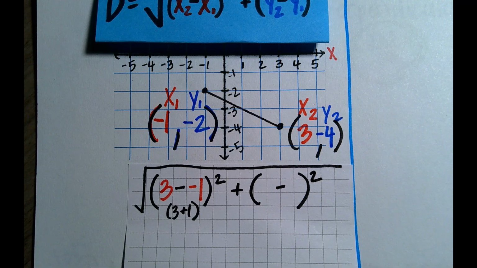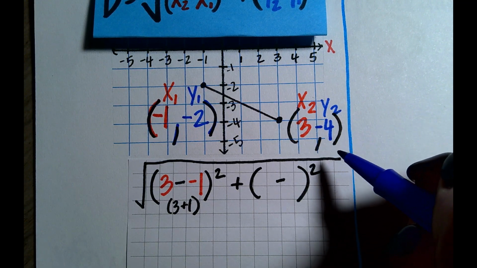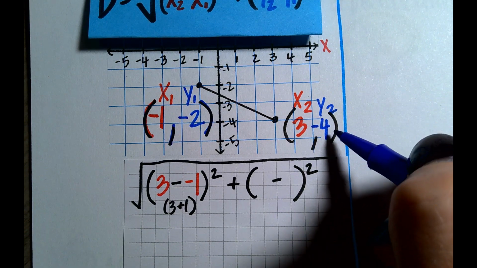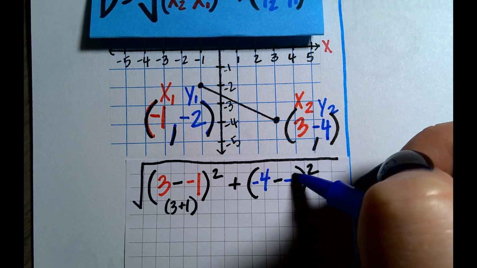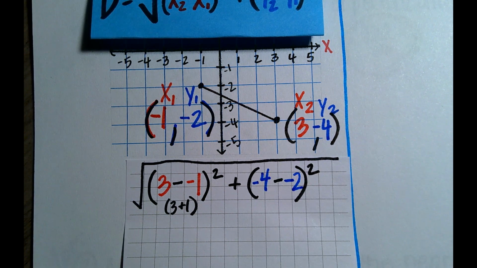Okay, and then my next two blanks, my y's, what do I put there? Yes, negative 4 minus negative 2. So again, that will become negative 4 plus 2.